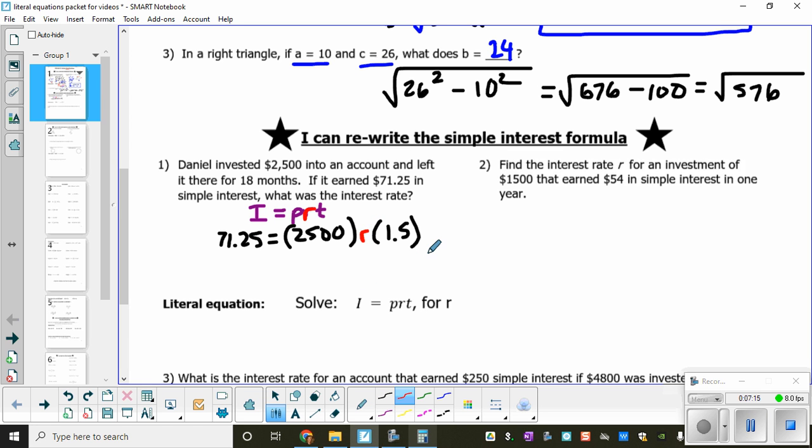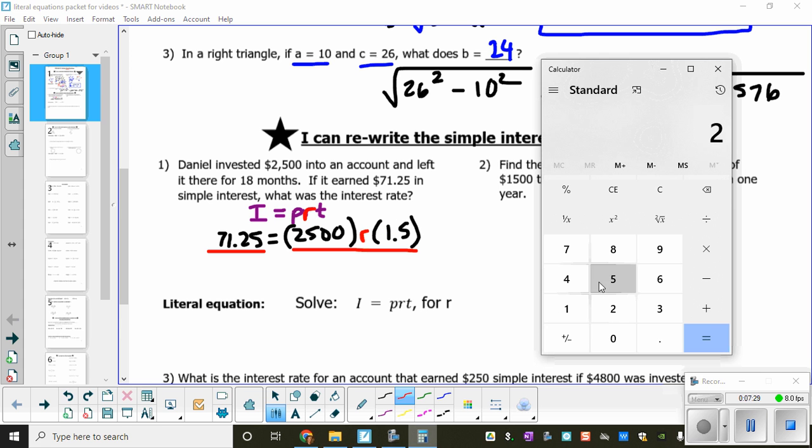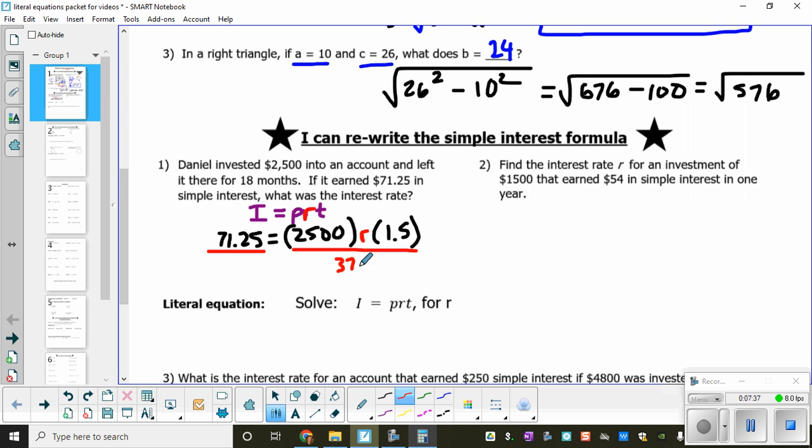Now to do this, what you guys did this school year was you simply multiplied the 2,500 times the 1.5, and then you just simply divide both sides by this answer. So what I'm going to do in the calculator is do 2,500 times 1.5, and that was 3750. So I'm going to divide both sides here by the 3750.